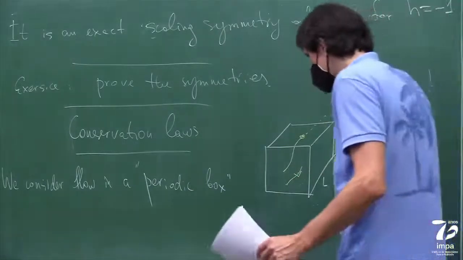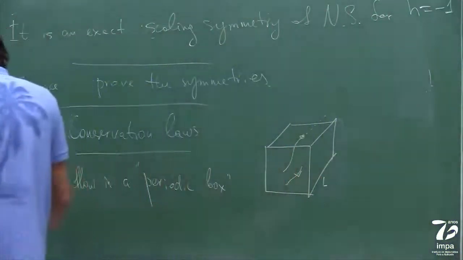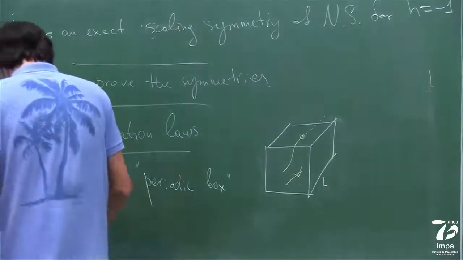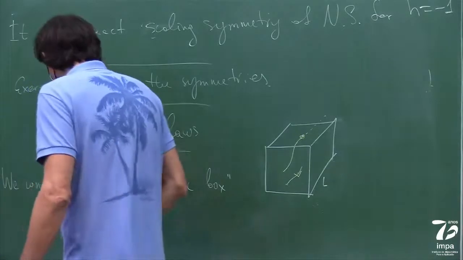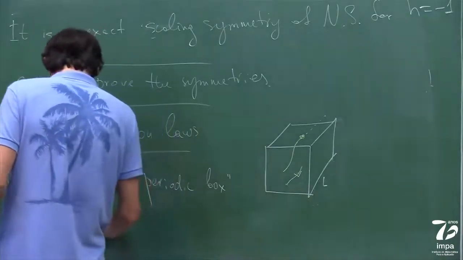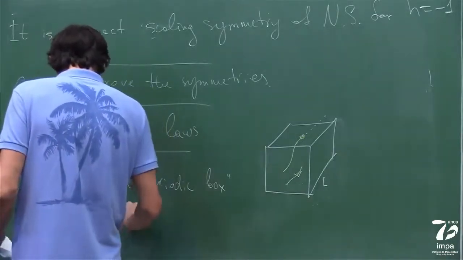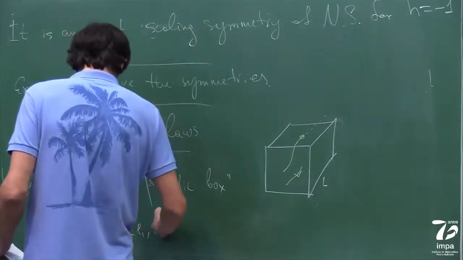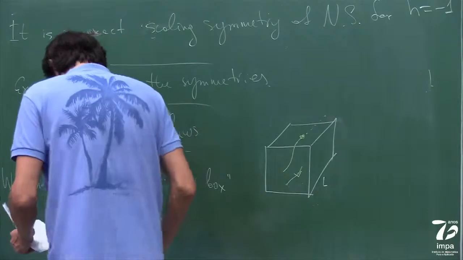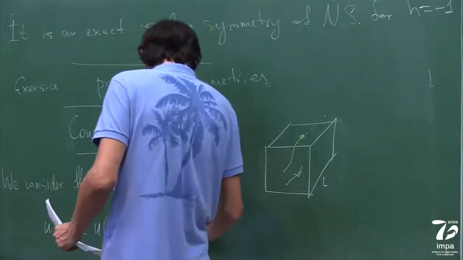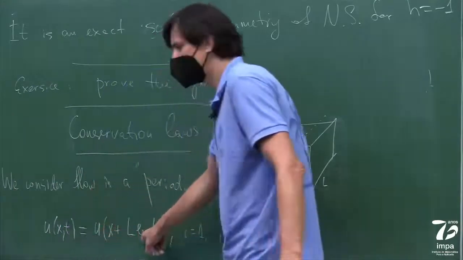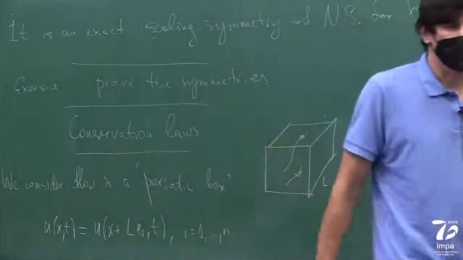Mathematically, the condition is that u at x, t is identified with u of x plus L e_i, t for all i, where e_i is a unit vector in direction i.